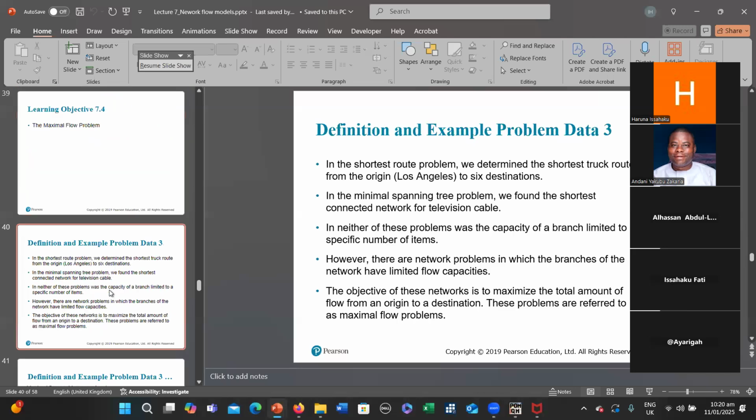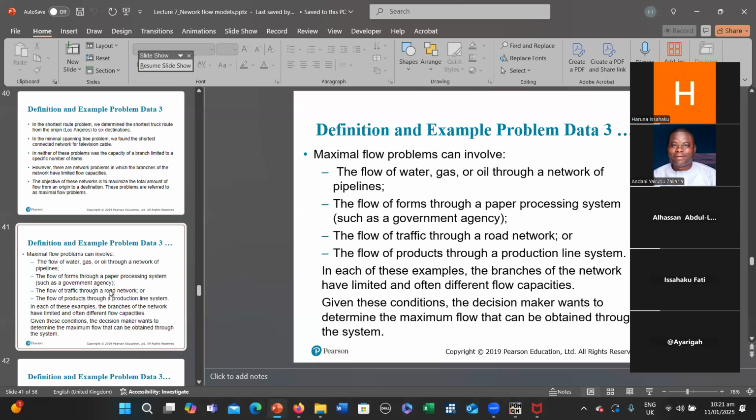You see that in the minimum span and then the shortest route, we did not constrain the volume that can be carried through the network. So if you are dealing with a pipeline, for instance, the pipeline may have a carrying capacity, or sometimes through a road there may be traffic, or sometimes a road may have some restrictions.